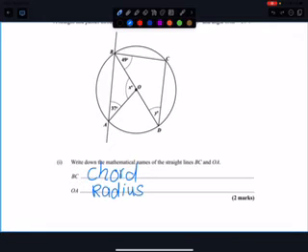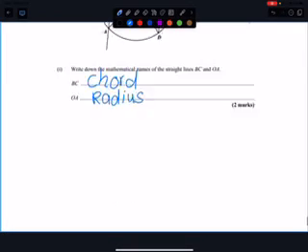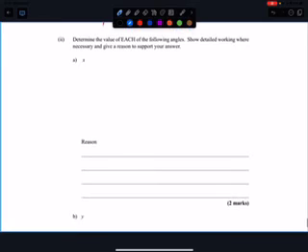So if this A is 37, that means that B is also 37. 180 minus 74, correct.